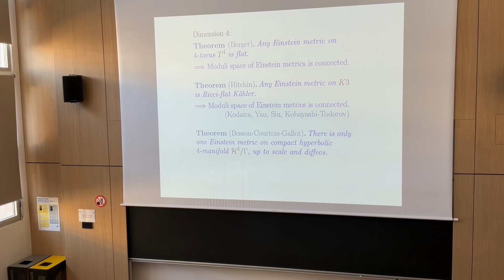Up to that freedom, there's only one Einstein metric on that manifold. In other words, for a compact hyperbolic 4-manifold, the moduli space of Einstein metrics is a single point.